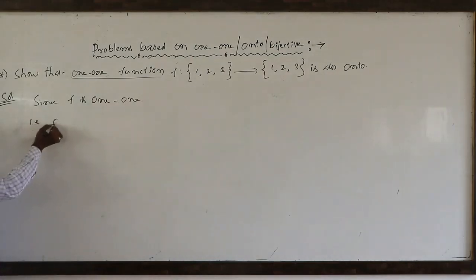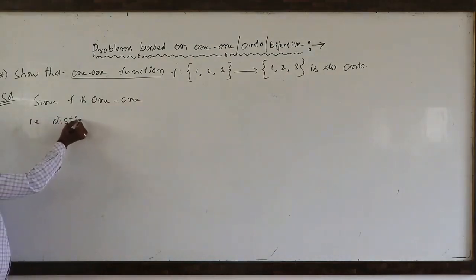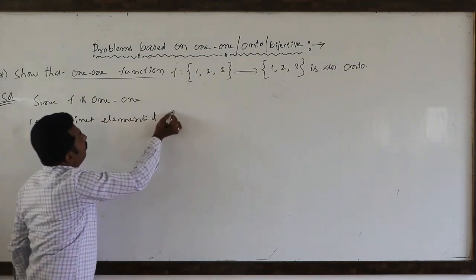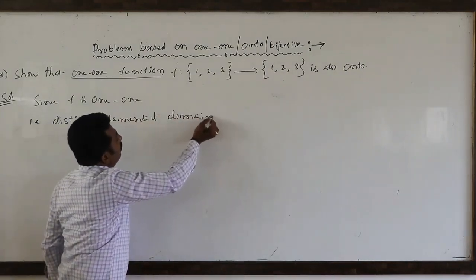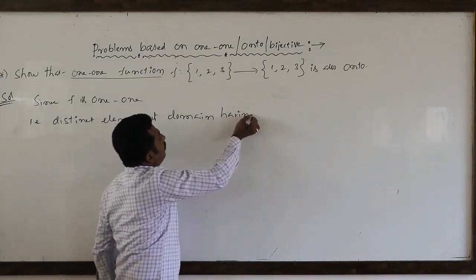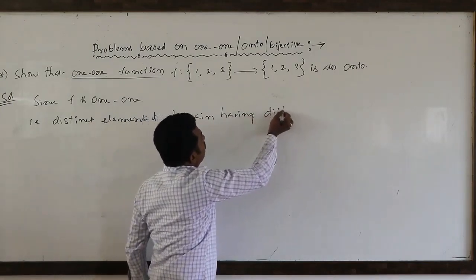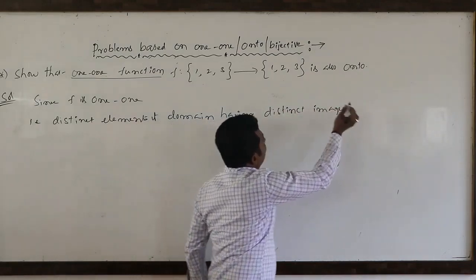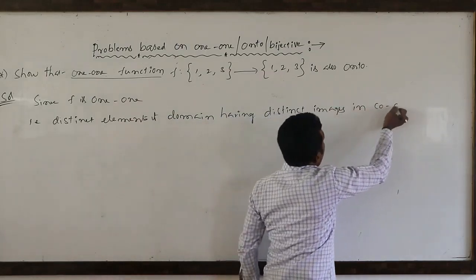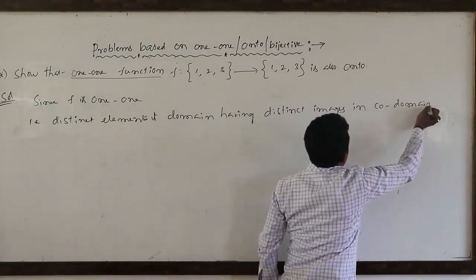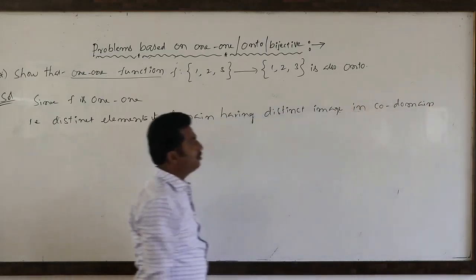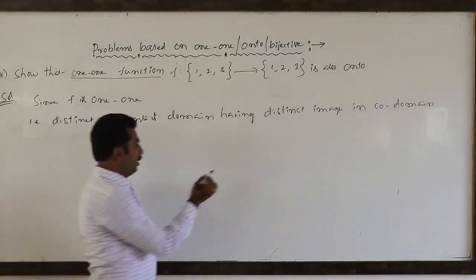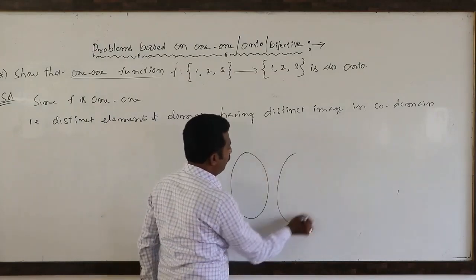F is 1-1 means distinct elements of the domain have distinct images in the codomain. Distinct images means only one image will be there in the codomain. So very clear, distinct elements in the domain have distinct images.